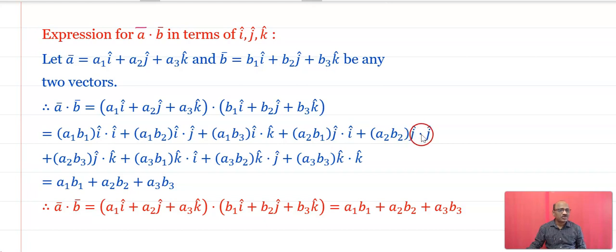And j cap dot j cap will be 1. Which terms will be there now? That is a1 b1 plus a2 b2, and the last is a3 b3. And that's why a bar dot b bar is equal to a1 b1 plus a2 b2 plus a3 b3.